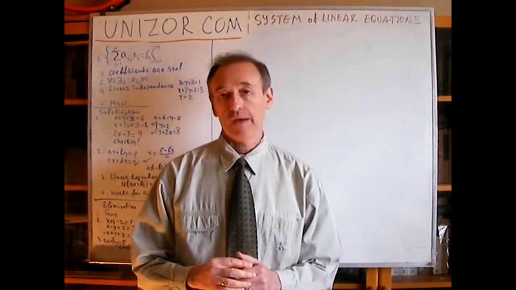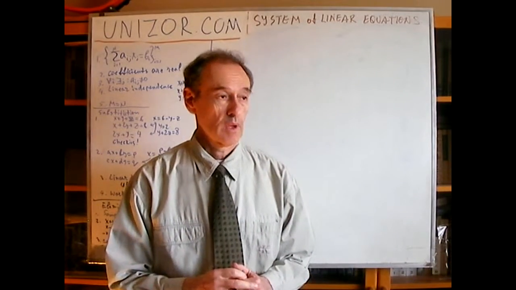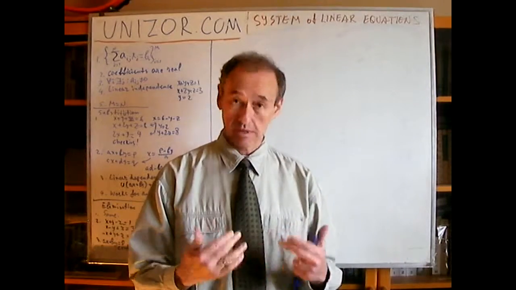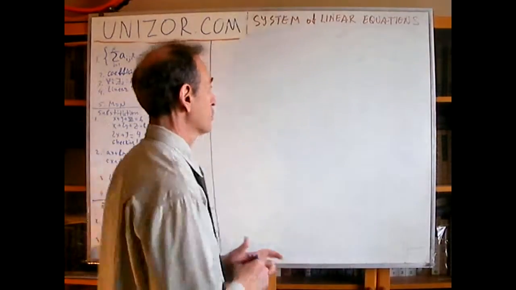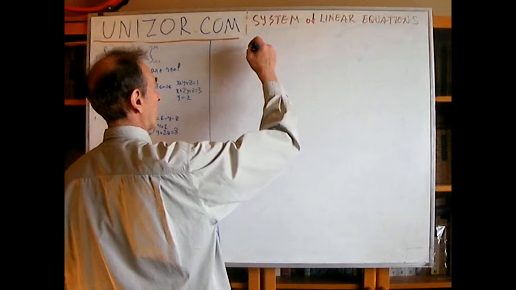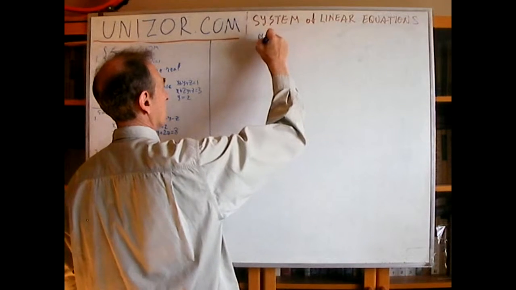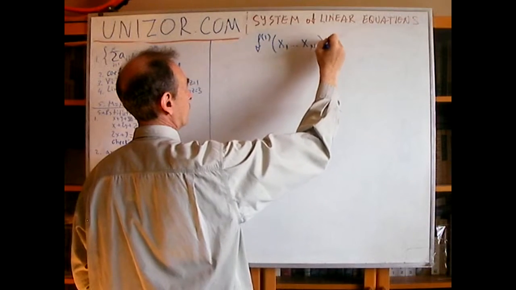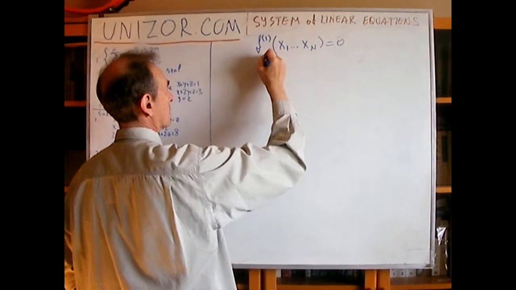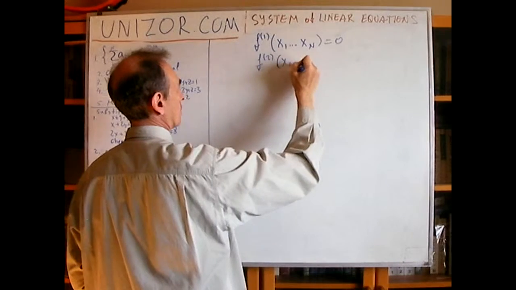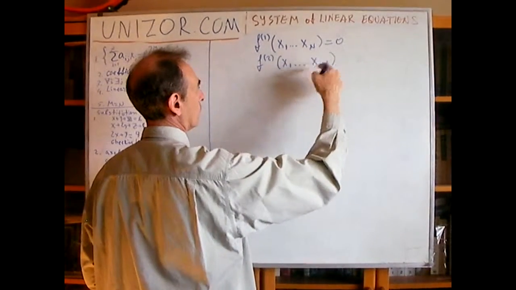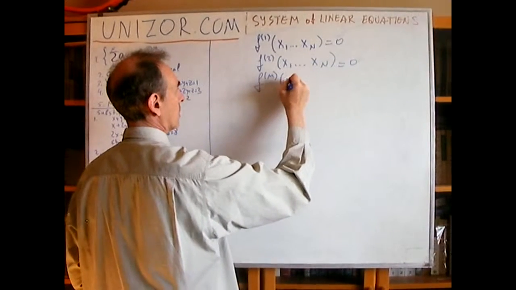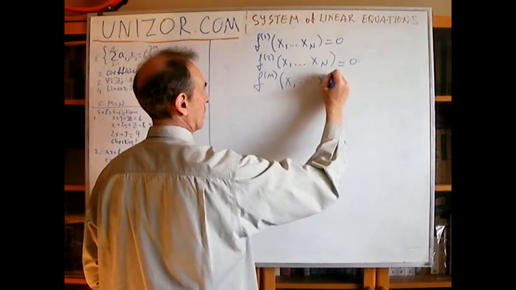As usual, we have to start with a definition. First of all, a system of linear equations is a system of equations, and you know the generalized form of the system of a certain number of unknown variables, in this case n unknown variables, and this is a system of m equations.